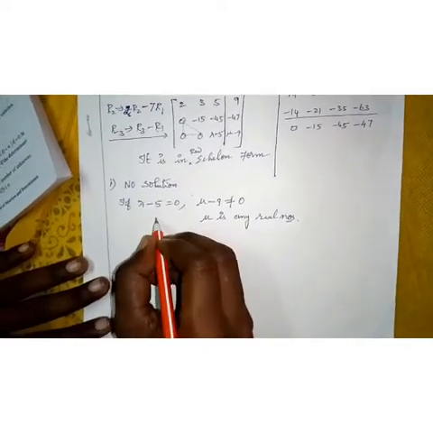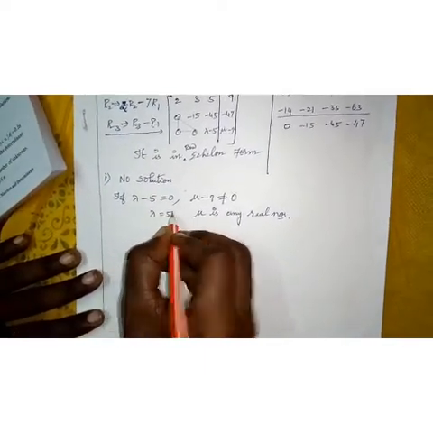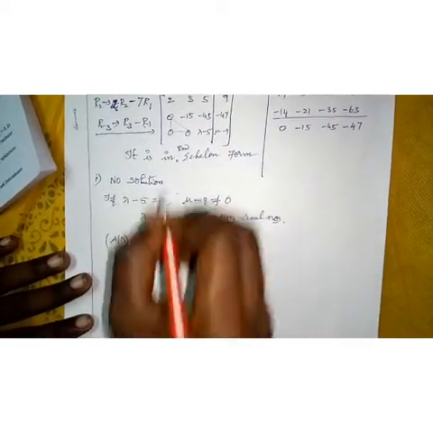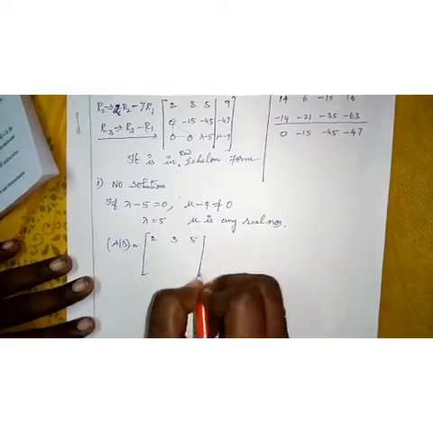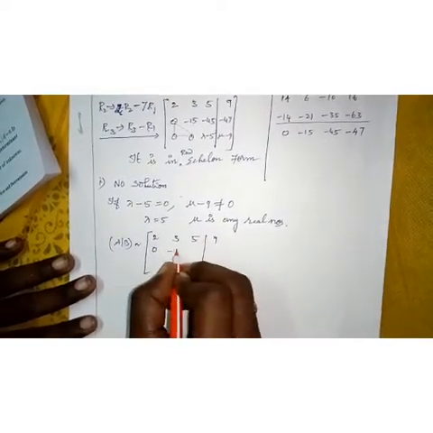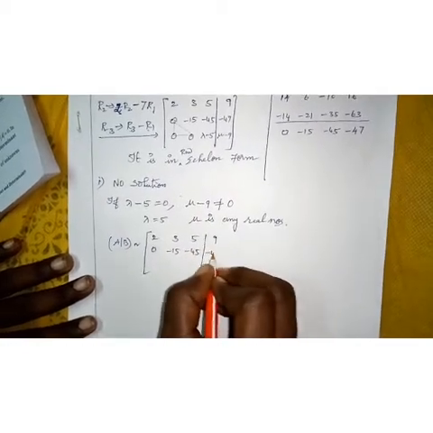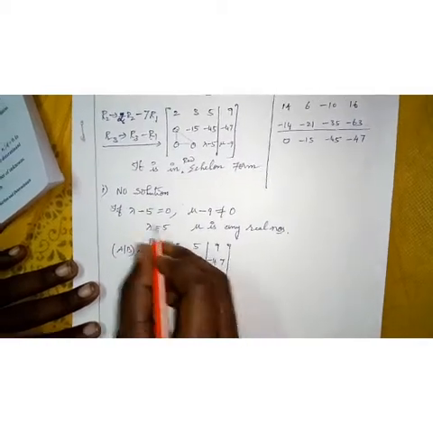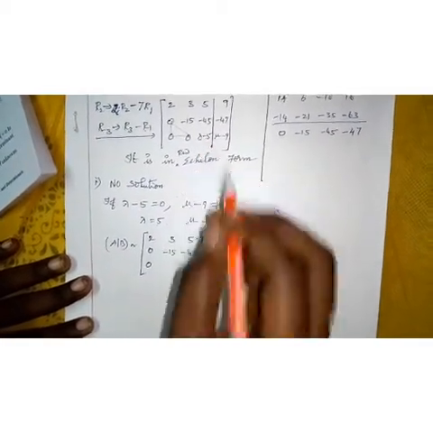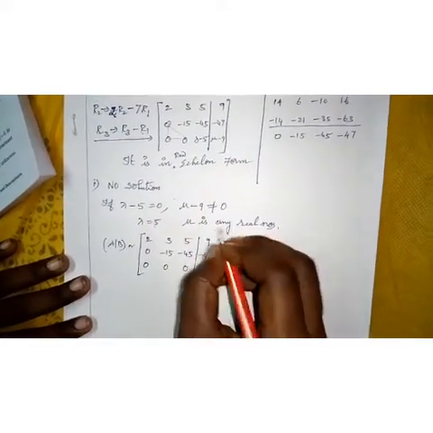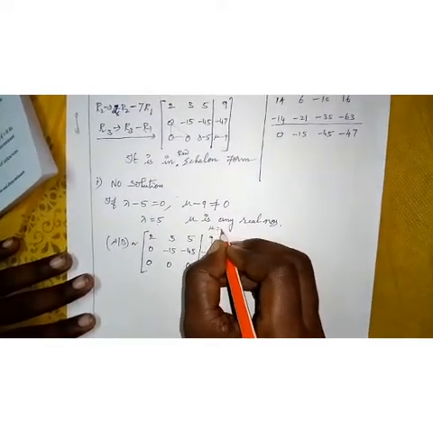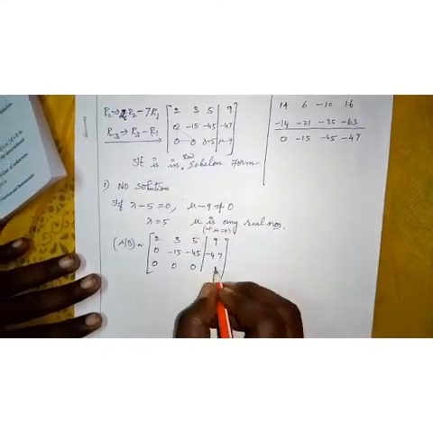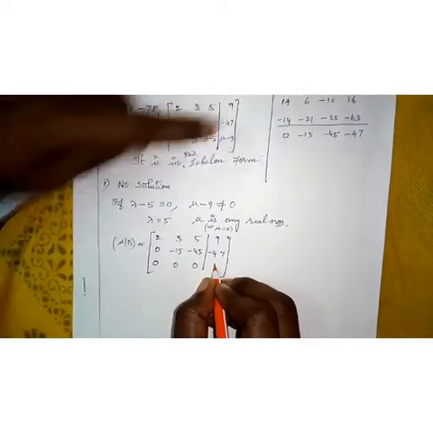Here lambda equal to 5. Now substitute into [A|B]: 2, 3, 5, 9; 0, -15, -45, -47; then 0, lambda minus 5, which is 5 minus 5, 0. Shall I give any number? Let mu equal to 0, that is our assumption. Then mu minus 9 is minus 9.